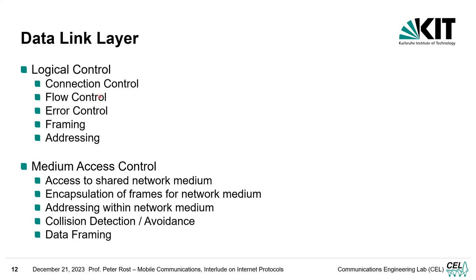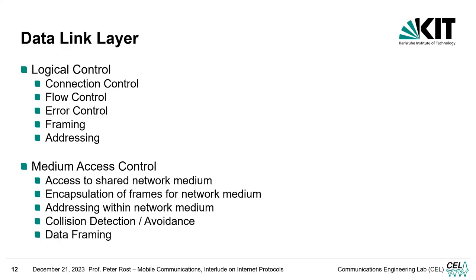Then you have flow control, which helps to regulate the flow of data between devices, making sure that the receiver can handle the amount of data, or the speed at which the data is provided to the receiver. You have error control. The LLC detects and manages errors and also handles error correction, for instance, with retransmissions. We have framing, that's what I mentioned before, and also addressing. So it also includes addressing information.